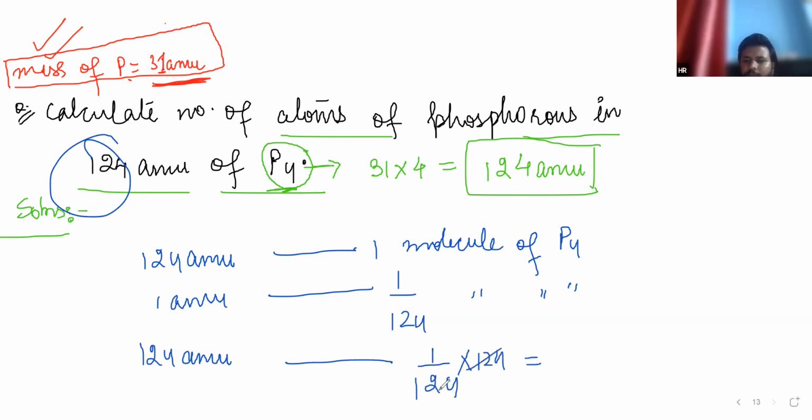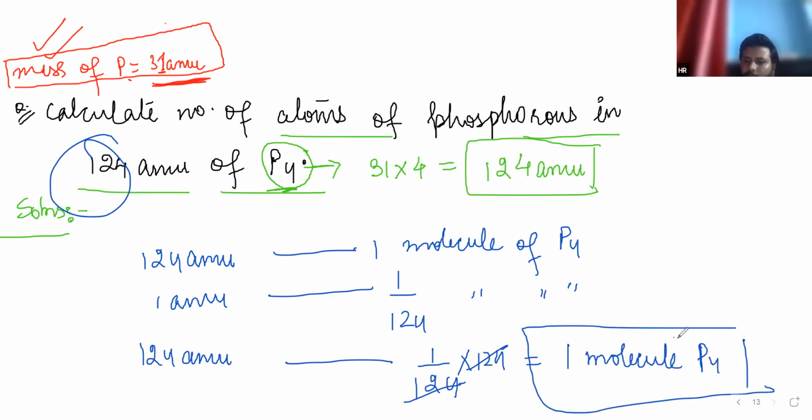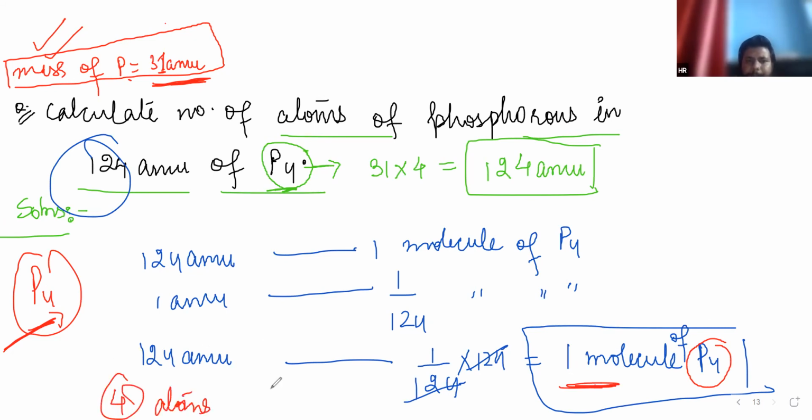This will be cancelled, and one molecule of P4 will be the answer. Now tell me, the number of atoms present in P4 is equal to 4. And here only one molecule is present. So the answer will be 4 atoms. Very good, Azza.